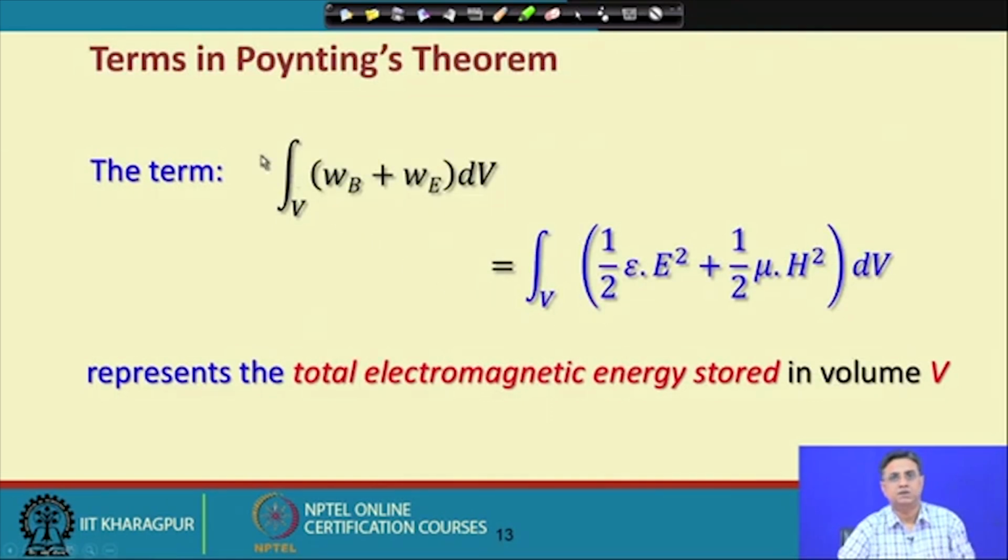So, let us look at this term, the sum of the energy densities for the magnetic field and for the electric field.